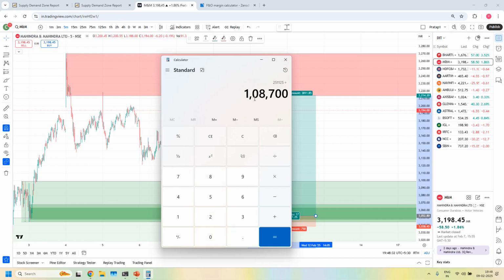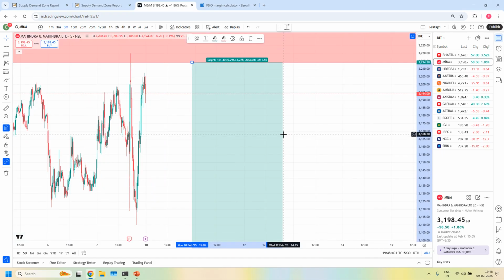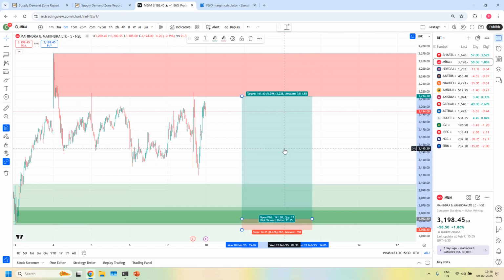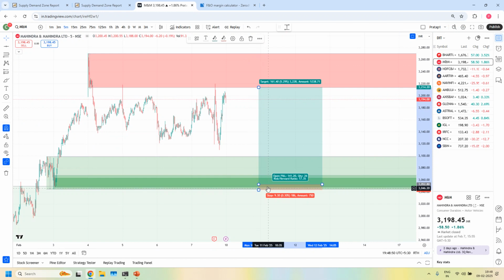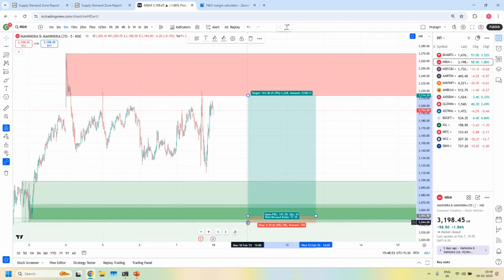Assume this is your margin cost of one futures lot. Now 2.3. Still you can't take it. Still you need to reduce your entry. Why are we getting such a huge risk? Maybe I added a bigger stop buffer. If you reduced the stop buffer some more, maybe that is the actual one, because I added it roughly. That's why you are not getting the trade.